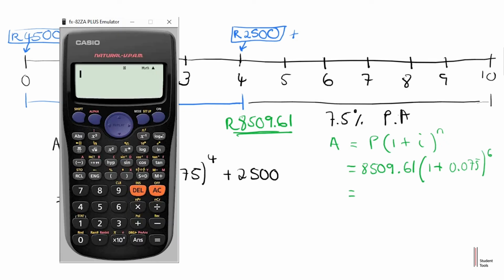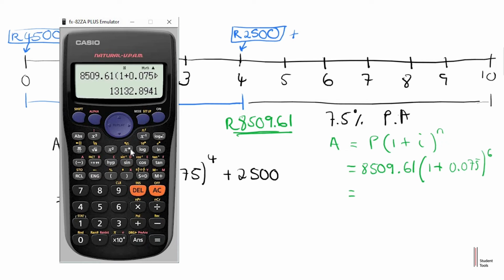Right, so we have 8,509.61 and we multiply that with 1 plus 0.075 to the power 6. So how much is that?